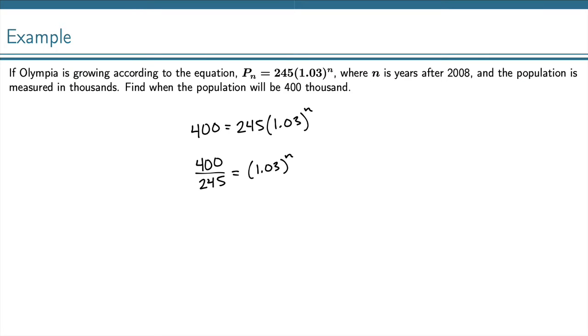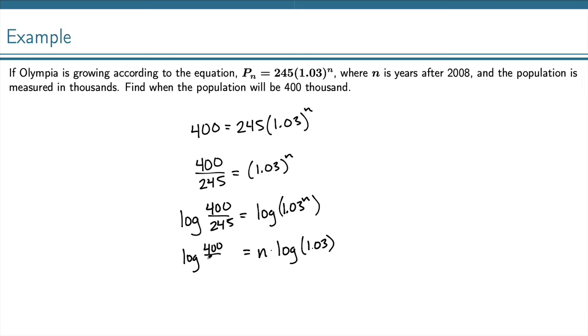We can apply that to this equation here if we take the log of both sides. Log of 400 over 245 equals log of 1.03 to the n. The rule that we're using now lets us pull that exponent out in front. So this is now n times log of 1.03.